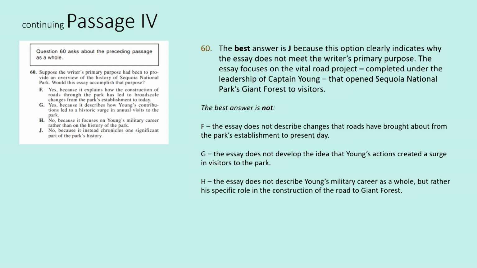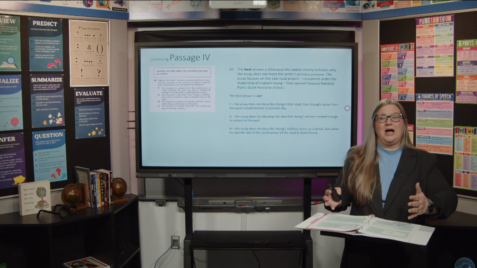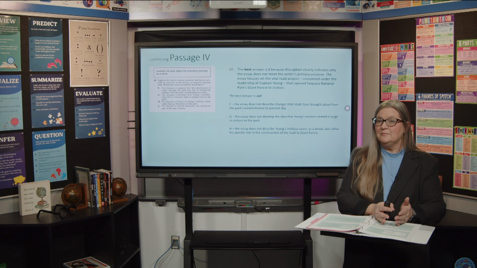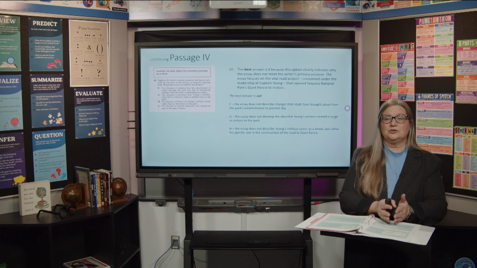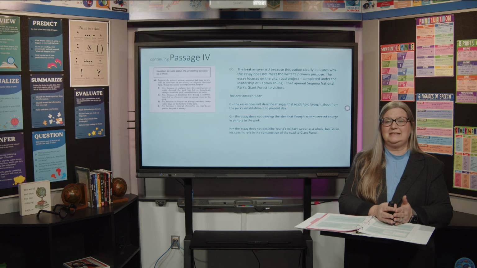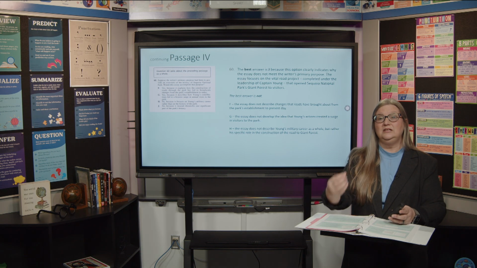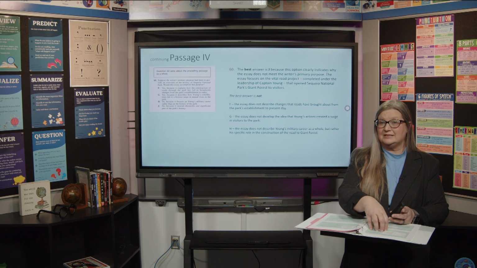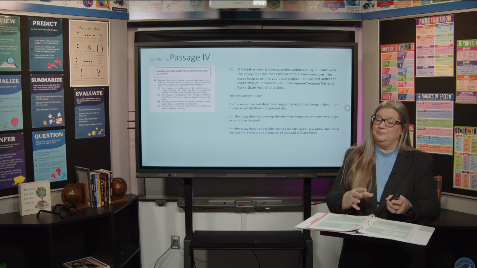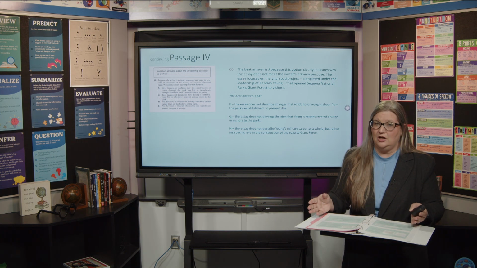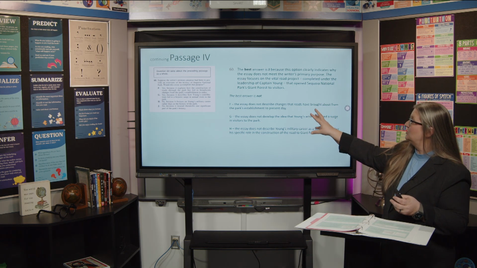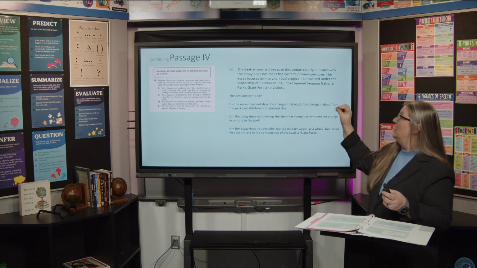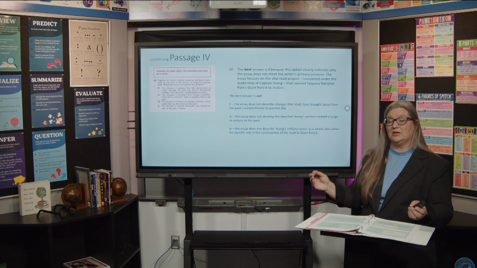So you have to ask yourself, what is the primary purpose of this essay? And so when you read it, you understand that the primary purpose of this essay is to recognize Young and his contributions to the giant forest. So does the essay also achieve the purpose of providing an overview of the history of the park?